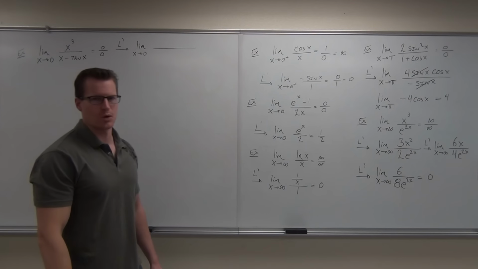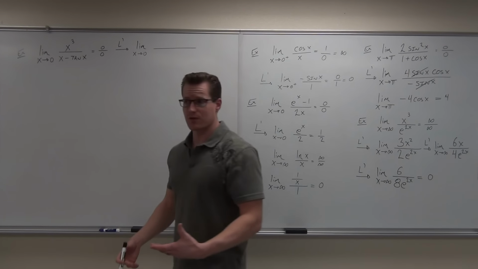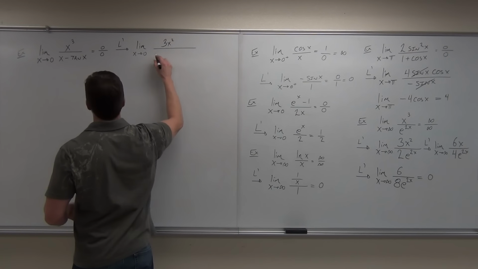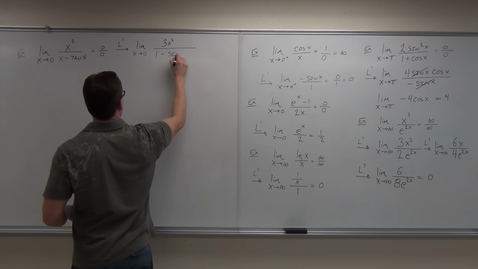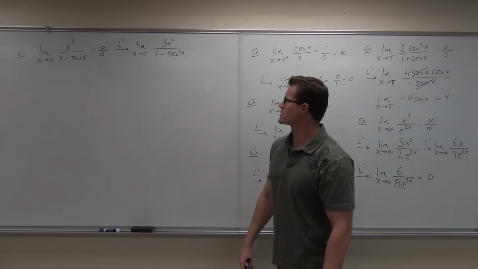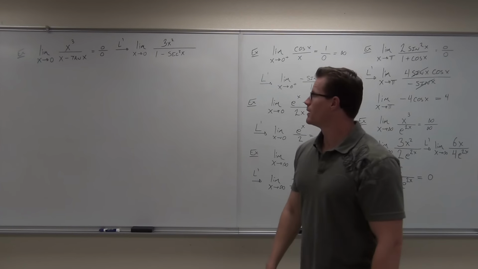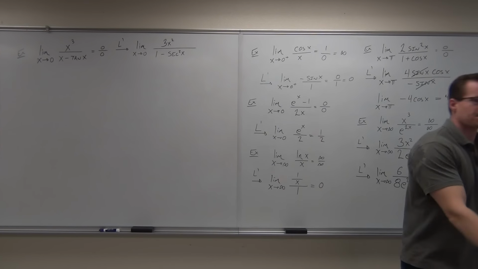So nice it's not a quotient rule, right? These should be fairly straightforward most of the time. Did you get 3x squared over 1 minus secant squared x? Derivative of tangent is secant squared. Now, what are you going to do here? Check to see if they're... do it again.